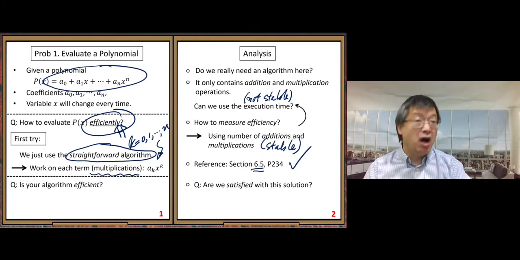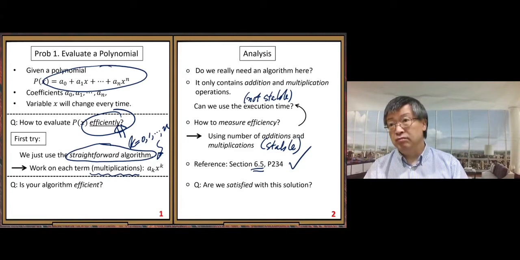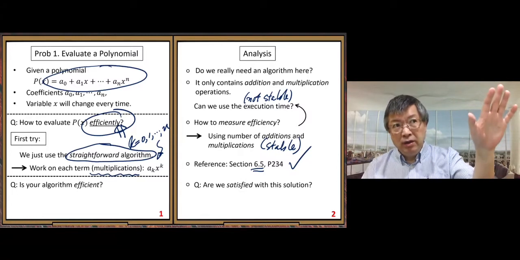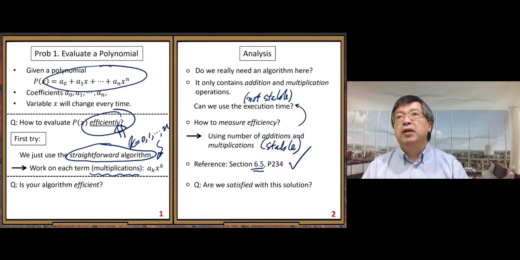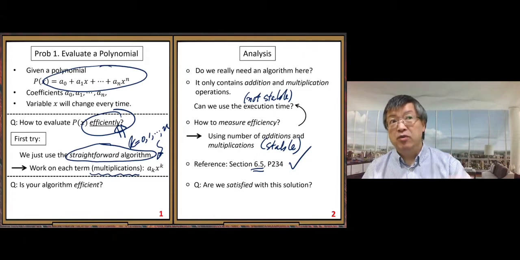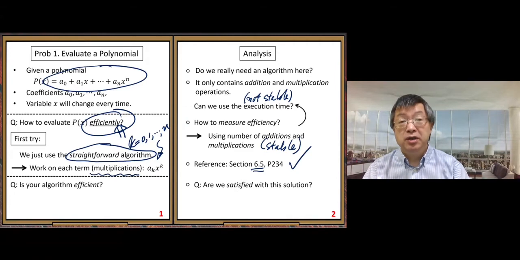I believe most of you will say, yes, we're satisfied, because we always evaluate in this way. So we're pretty satisfied with this one. But if you see a smart solution in part C, next lecture, then your answer will be different.